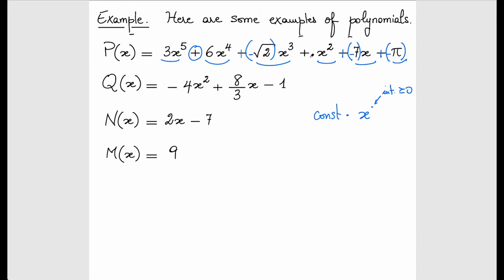For example, here the constant is simply 1, right? That's the constant. And the power is 2. For this term, the constant is -7 and the power is 1, right? And for the last term, the constant is -pi. This is a constant.